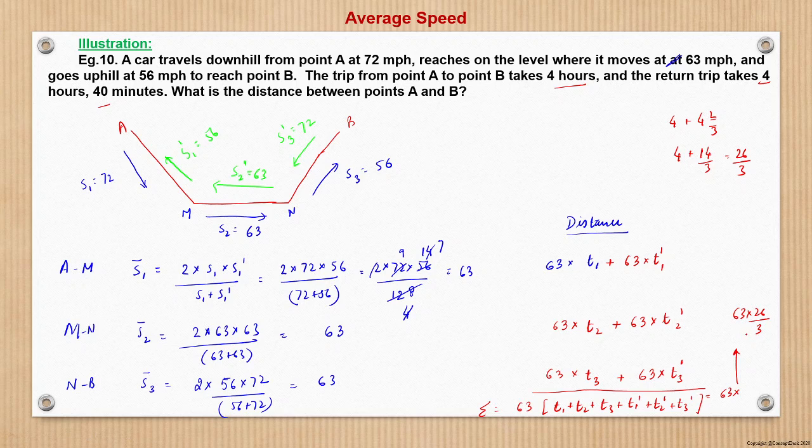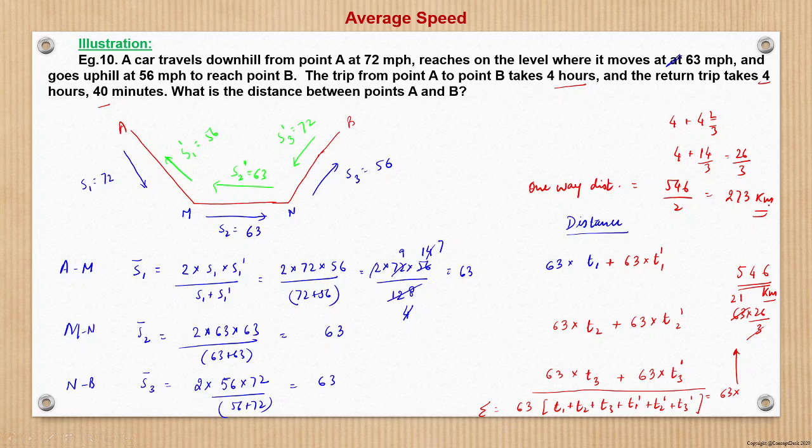So that is effectively 21 into 26, which is 546 kilometer total distance, right? That is counting both the distances, going down and then the reverse direction. So one way distance would be 546 by 2, which is 273 kilometer, right?